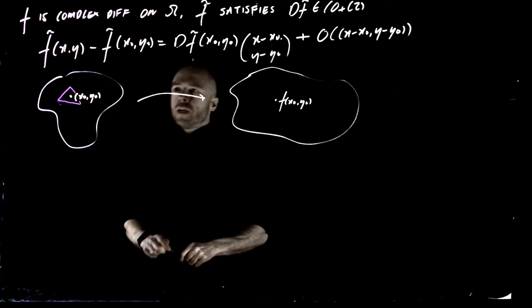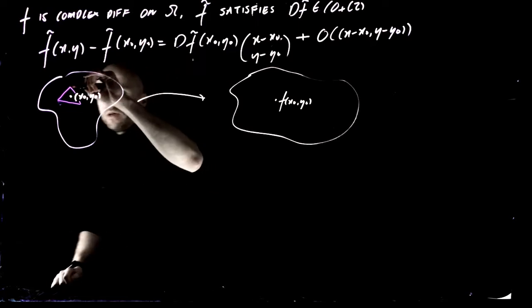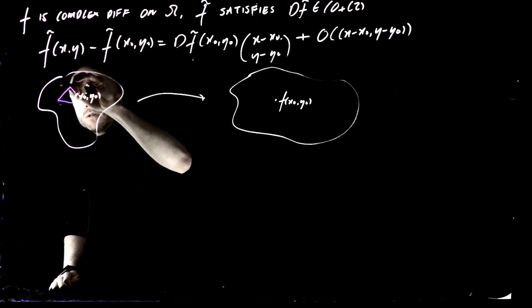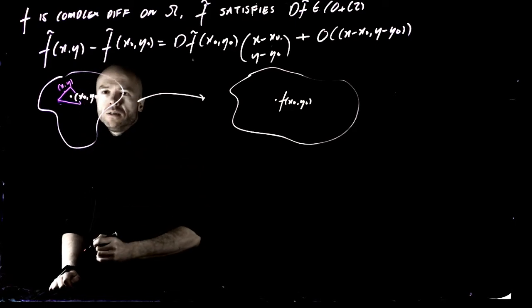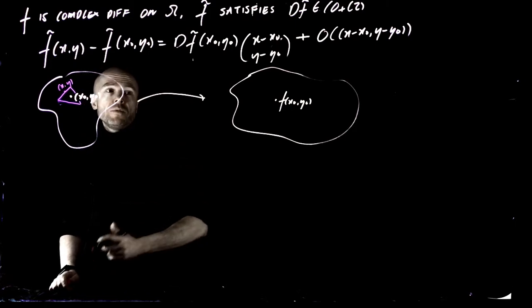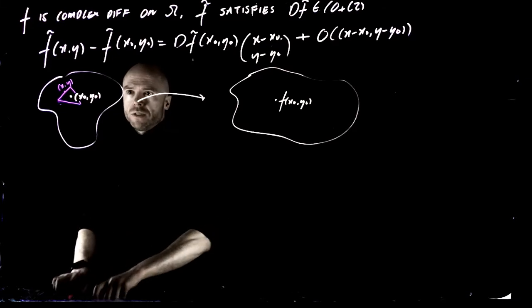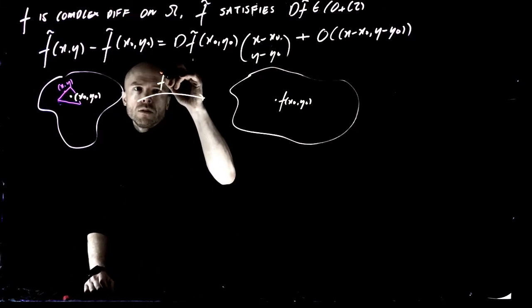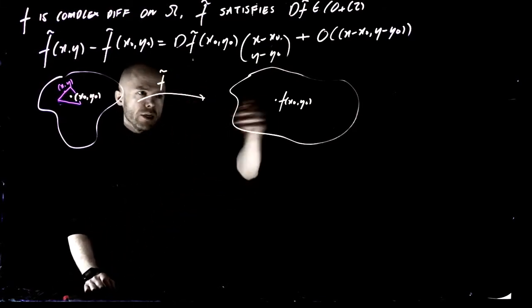So if we take our points x, y around the outside of this triangle, and then we see what happens under the action of f tilde. F tilde is mapping things across like this.